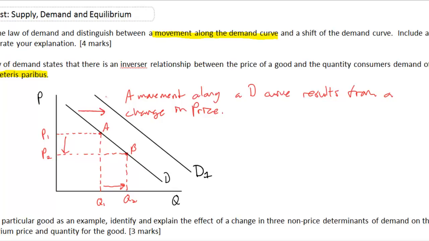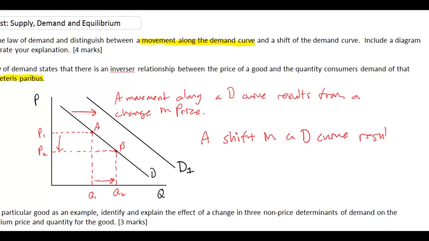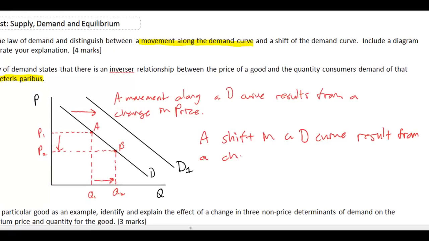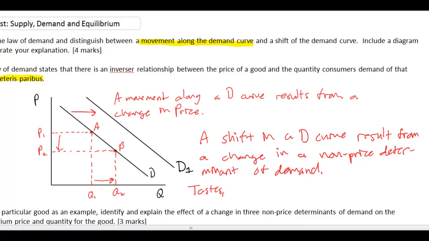Now, what can cause a shift in a demand curve? A shift in a demand curve may result from a change in a non-price determinant of demand. An example of a non-price determinant of demand might be the tastes of consumers, the prices of related goods, incomes of consumers, the expectations of consumers of future prices or future incomes, and so on.